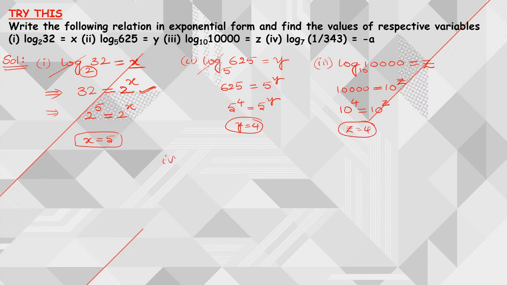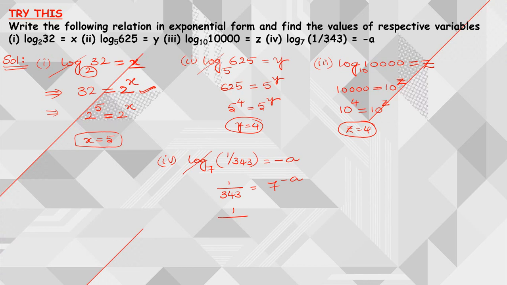Next, moving on to question number 4. So what is given? Logarithm of 1 by 343 to the base 7 is equal to minus a. Now when I want to convert it into exponential form, simply cut this logarithm and I am going to write 1 by 343 is equal to 7 raised to the power of minus a.